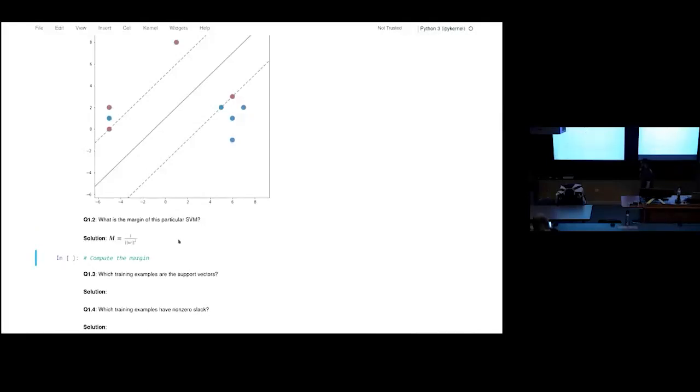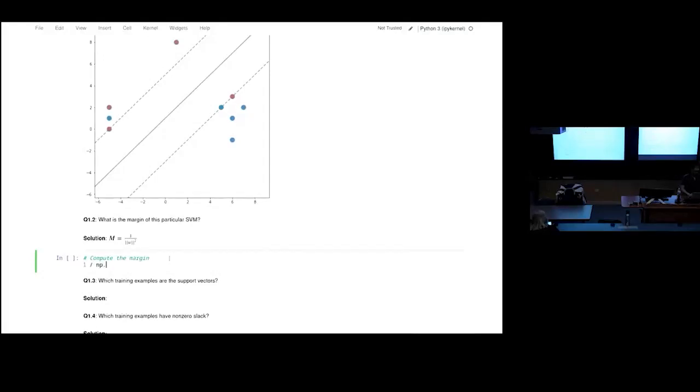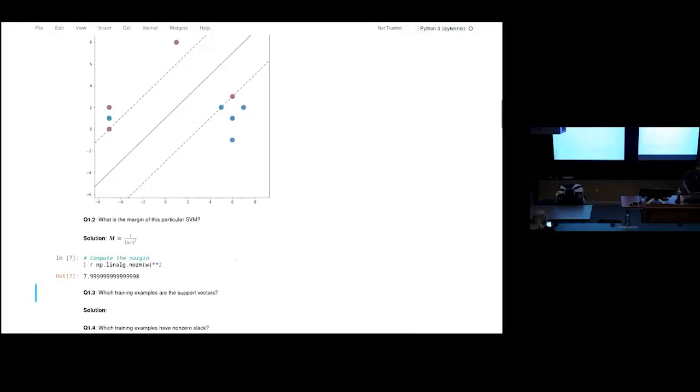Okay, that's the margin. And that's simply 1 over np.linalg.norm squared. Well, say around 8, okay?